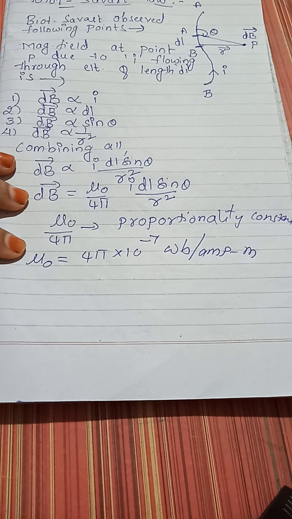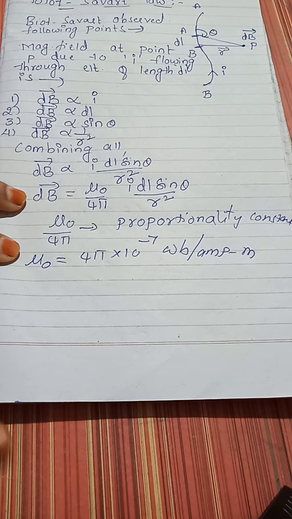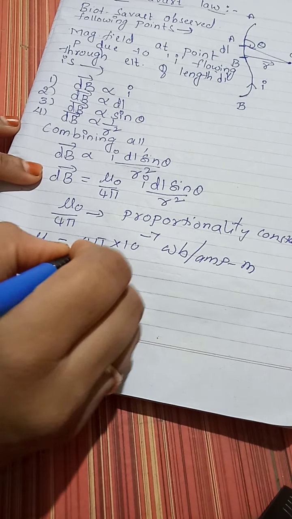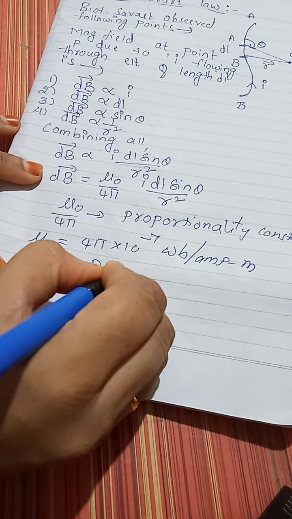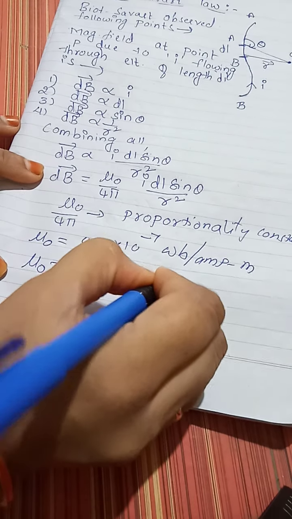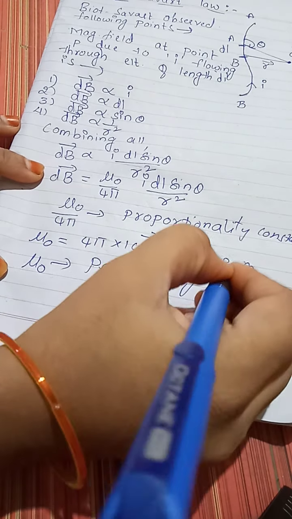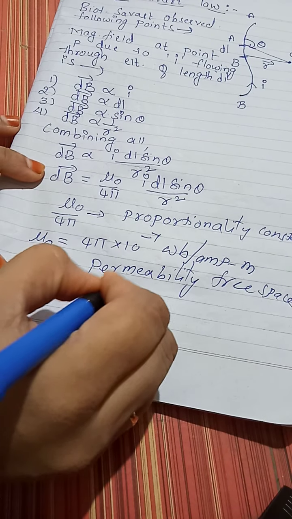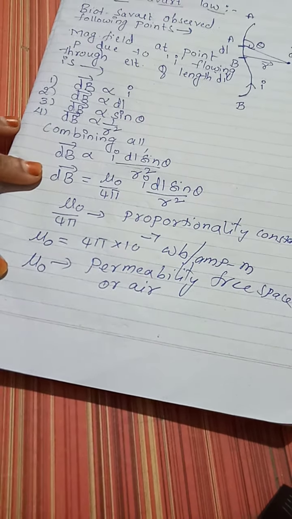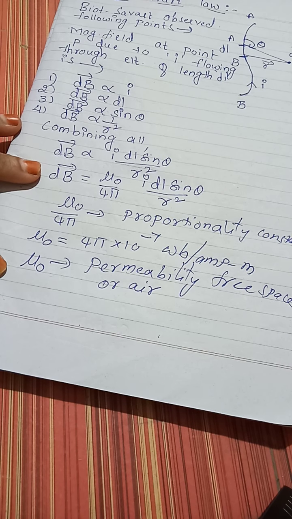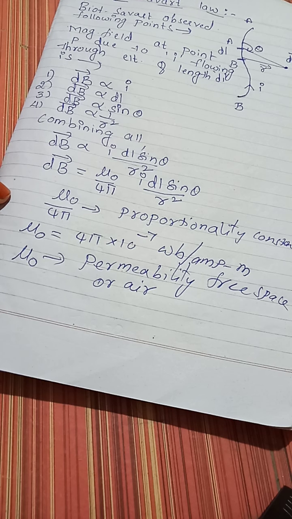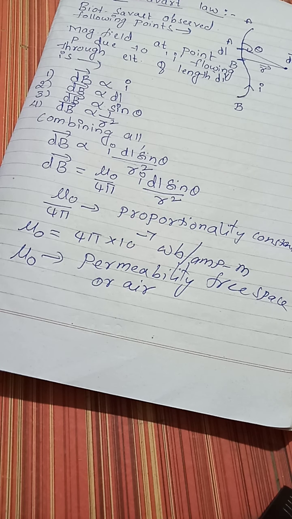Mu naught is called the permeability of free space or air. Permeability means that physical property which allows the magnetic flux lines to travel through the air.